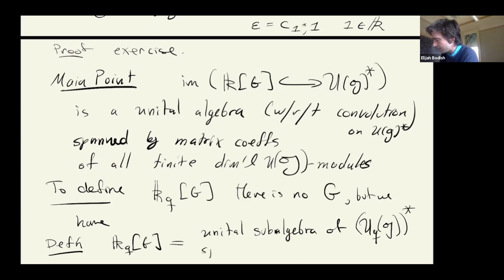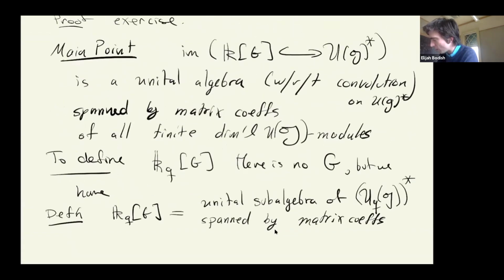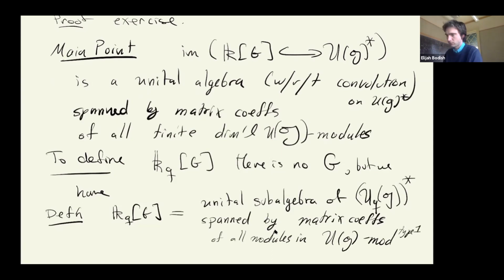And I can take the span of matrix coefficients, but then the usual issue comes in that I don't want matrix coefficients of all finite dimensional representations. I just take modules in type 1 finite dimensional representations. And the trivial module is type 1, and so that's why I have a unit in this case.